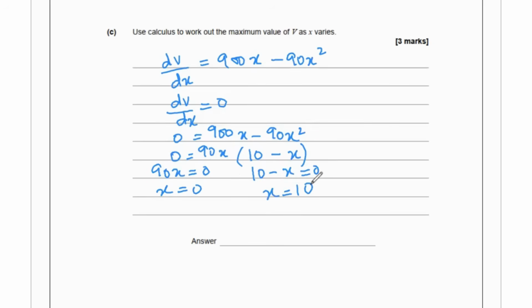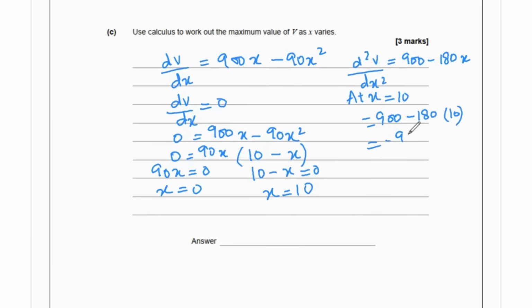For the maximum value of V, we put these back into the volume equation. To figure out which one is the maximum, we first find the second derivative. So d squared V over dx squared is going to be 900 minus 180x. We can clearly see that at x equals 10, we're going to get a negative value. 900 minus 180 times 10 is negative 900.